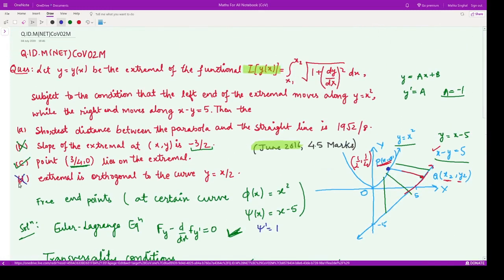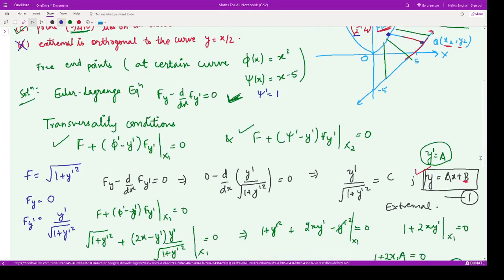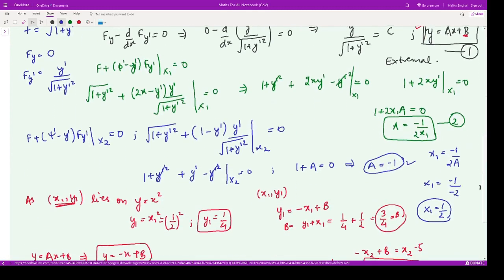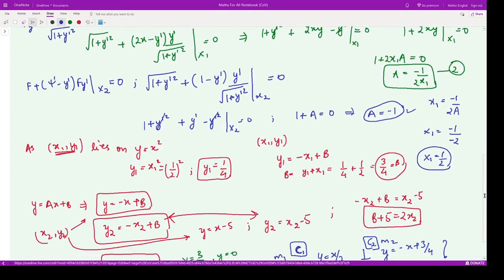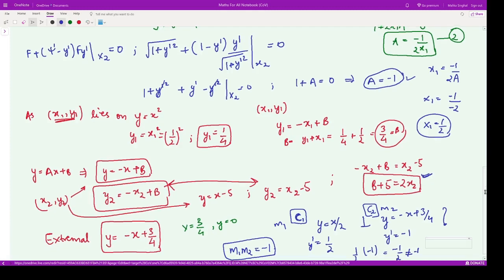Extremal is orthogonal to this curve. So let us see the last option. The shortest distance between the parabola and the straight line is this. For calculating the shortest distance, you must calculate this. For this, you need x1. We have computed x1, that is 1/2. And we also need x2. What is x2? We need to determine it from the given relations we have. So from here you can calculate x2, right?